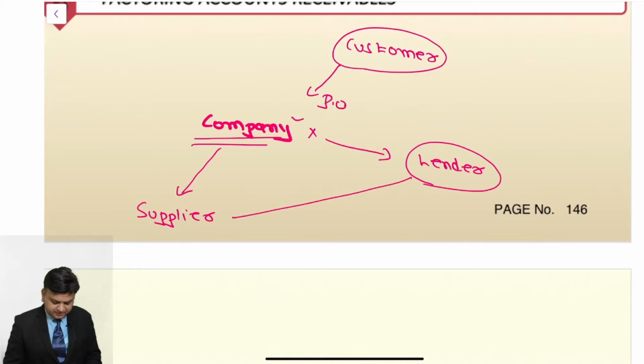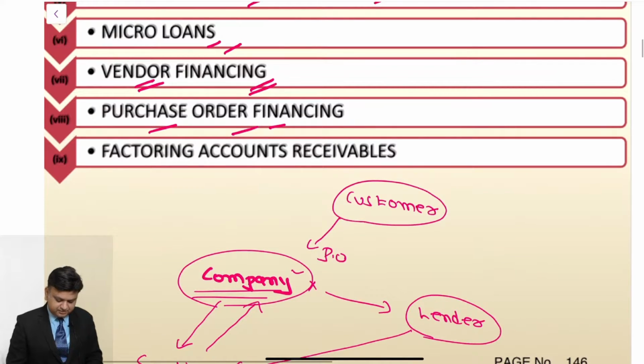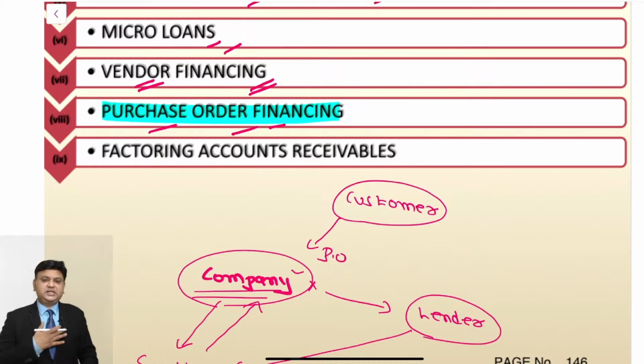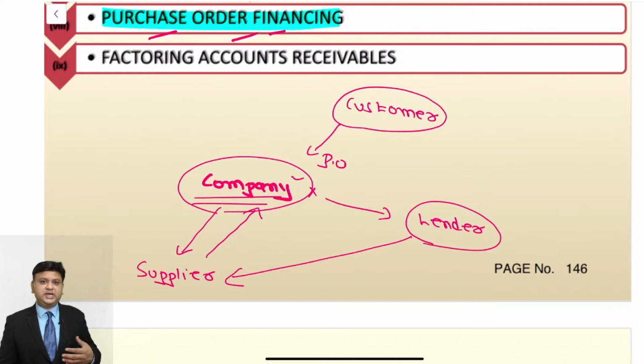The lender will make payment to the supplier, and with that the supplier will supply goods to the company, and the company will be able to do the business. That is what we understand as purchase order financing. In purchase order financing, the company has ready-made orders on hand, and with that it is able to do the business by getting the finance.